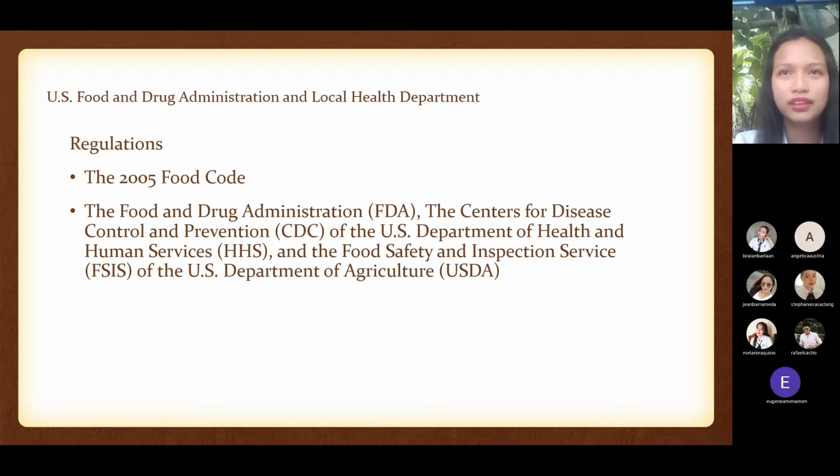Local, state, tribal, and federal regulators use the FDA Food Code as a model to develop or update their own food safety rules and to be consistent with national food regulatory policy.